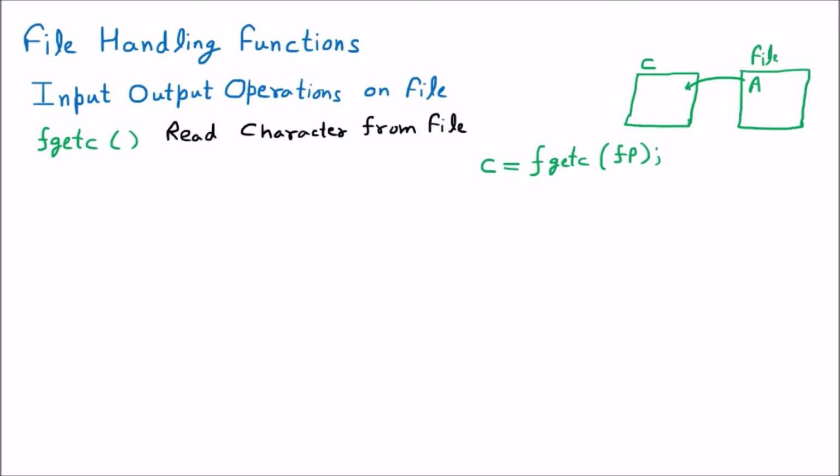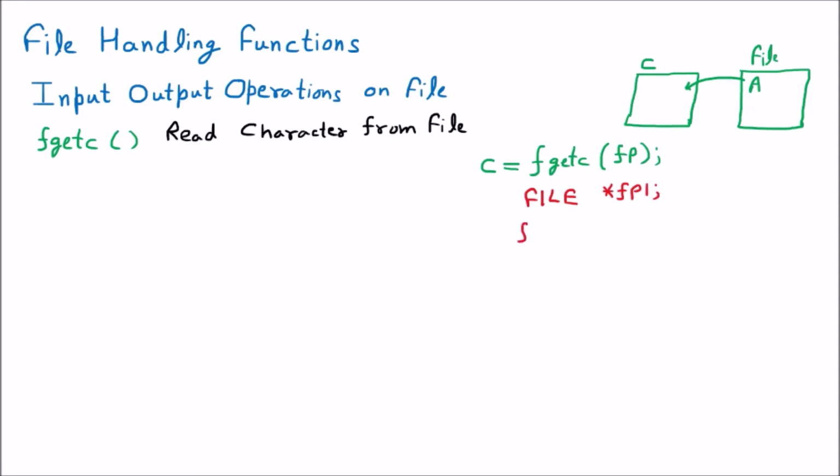Let us suppose that we have a file and we are going to open that file. So first of all we say FILE, and let us suppose the file pointer name is fp1. So one file pointer is created.